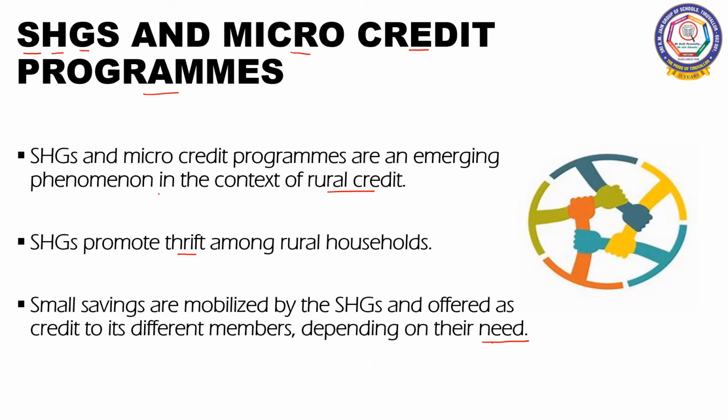Credit is sanctioned to the members who have an urgent need of finance, and then the loan can be repaid in small installments at a reasonable rate of interest. These self-help groups have helped in the empowerment of women in rural areas.